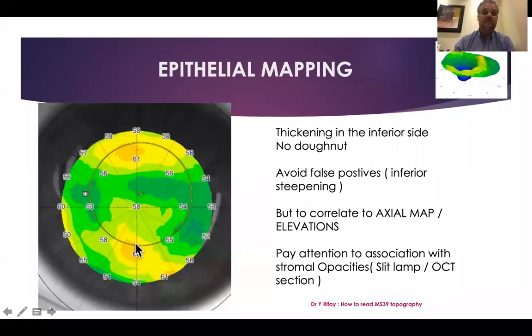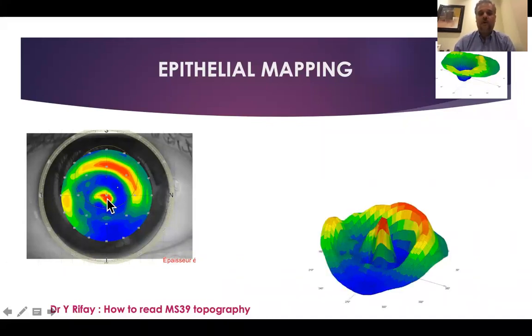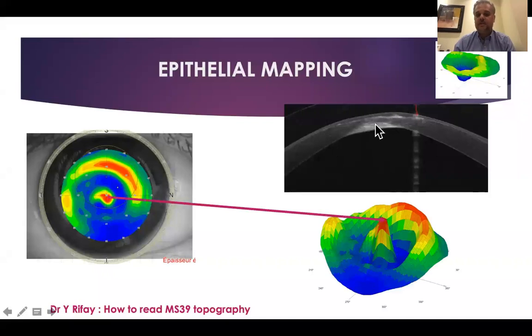So this avoids a false positive, but we have to correlate to the axial maps and to elevations, as Dr. Mazen said, and we have to pay attention if there are any scars, because in this case you have a thickening here, and when you have a thickening here in keratoconus, you should look for a scar, because in this area we will have a gap that will be filled by the epithelium, and we will have this feature.